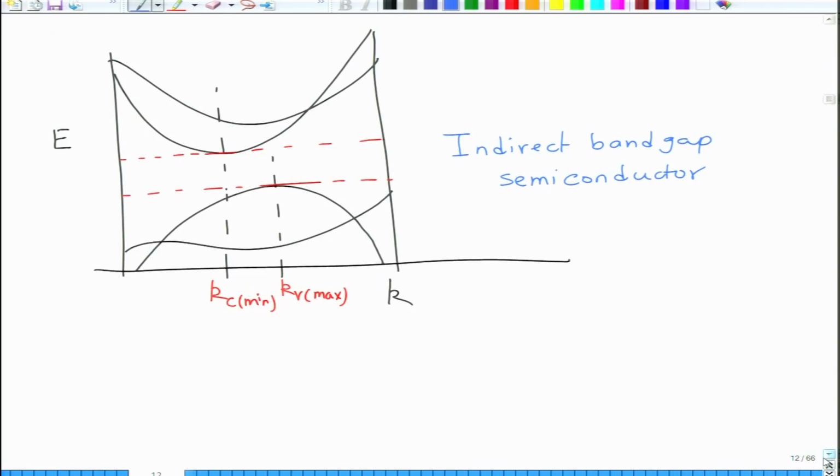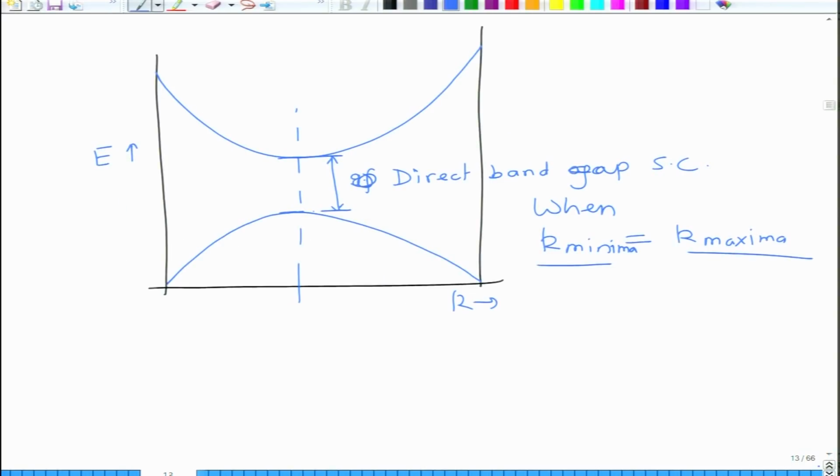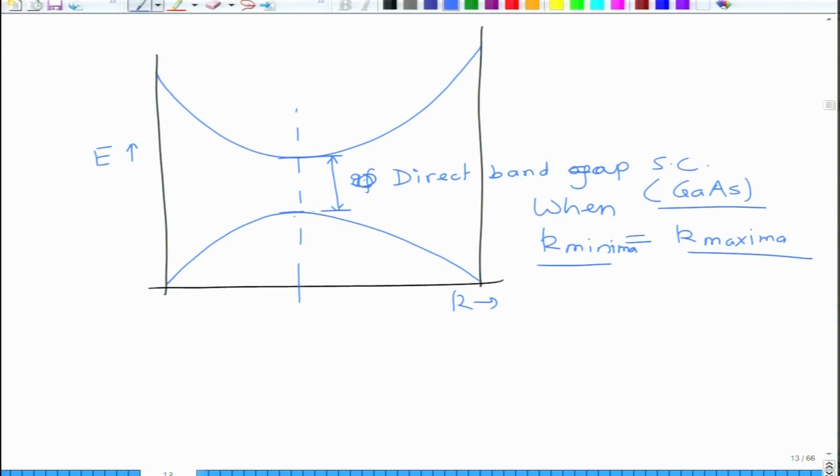Something like silicon is an indirect band gap semiconductor, and something like gallium arsenide is a direct band gap semiconductor. Now, this has profound implications in terms of optical properties. Generally, light absorption is better in a direct band gap semiconductor as compared to an indirect one, because in light absorption a photon causes a migration of an electron to the hole.